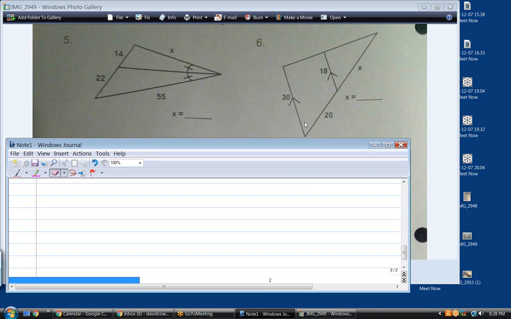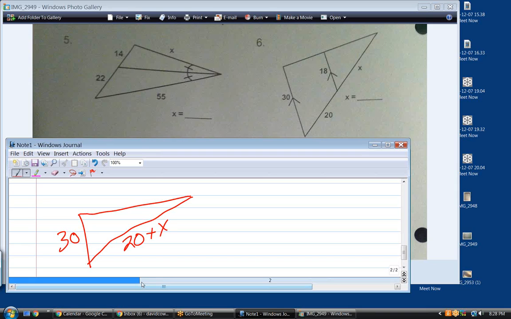Yeah. So let's always compare triangles to each other, not within. And it's not wrong to do within, but if we're going to compare triangles to each other, there's the big triangle. This is 30. This is 20 plus x, right? Mm-hmm.